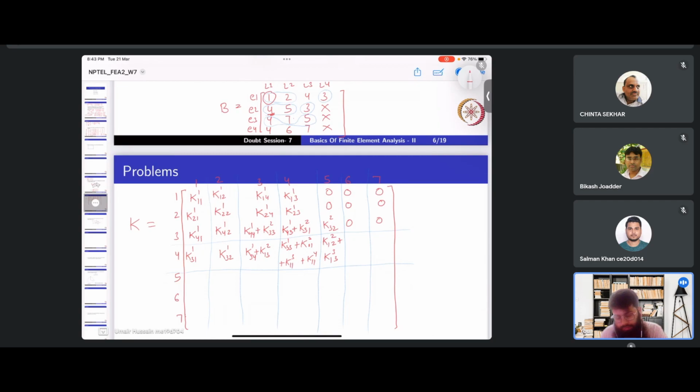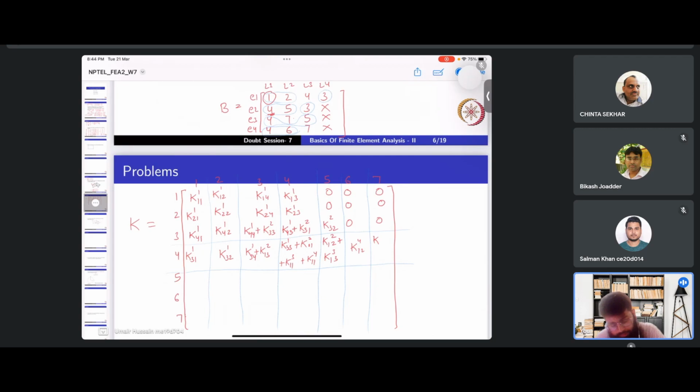And 46, do we have any connection between 4 and 6? We have 46 connected only in element 4, right? So 46 contribution is from element 4, which is 12, local node 1 and local node 2. And 47, do we have connection? 47 also we have two connections.